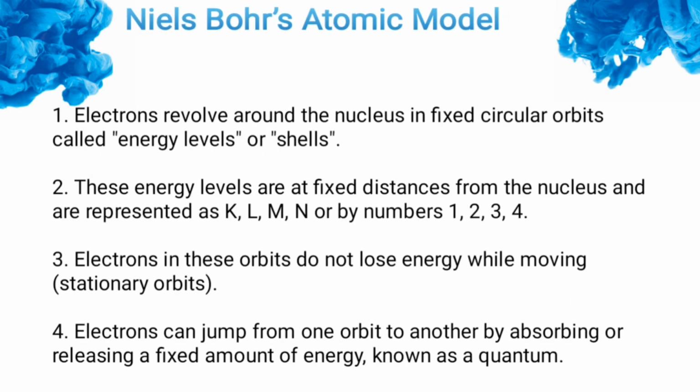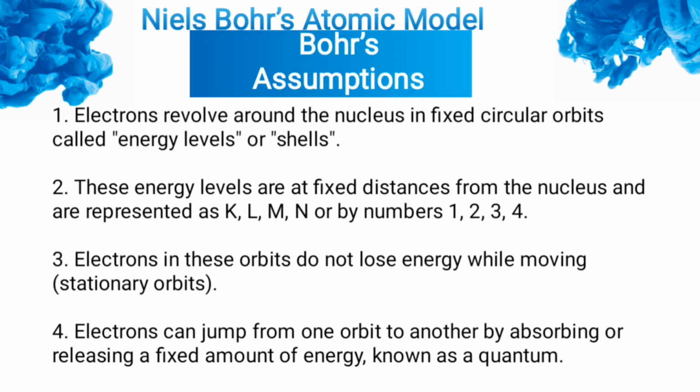Now, my dear student, Bohr's assumptions. The first one is electrons revolve around the nucleus in fixed circular orbits called energy levels or shells. The second one is these energy levels are at fixed distances from the nucleus and are represented as K, L, M, N or by numbers 1, 2, 3, 4.